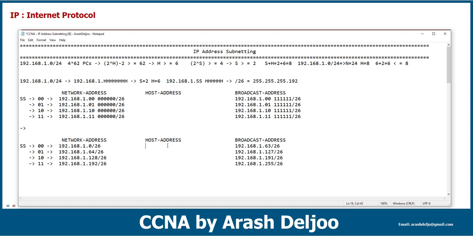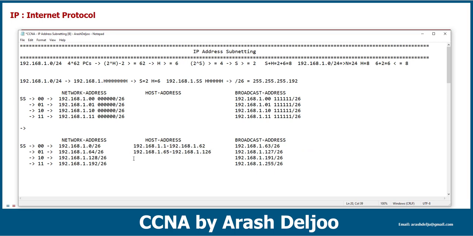And you know that the host addresses are the addresses between these two values. For example, in the first network, the host addresses include 192.168.1.1 to 192.168.1.62, one number less than the broadcast. In the second network we have these host addresses, 192.168.1.65 to 192.168.1.126.